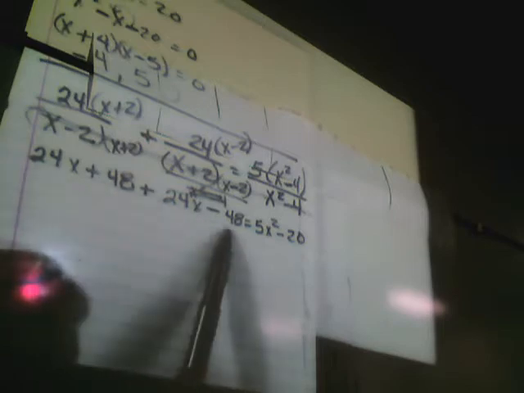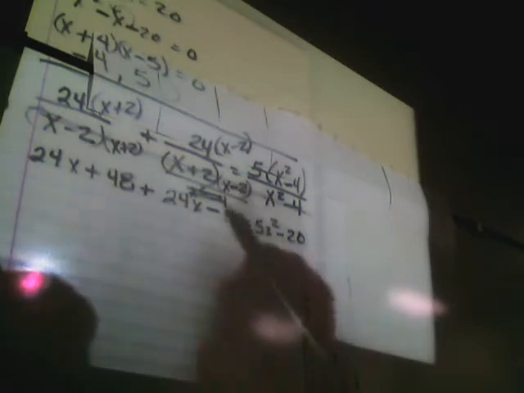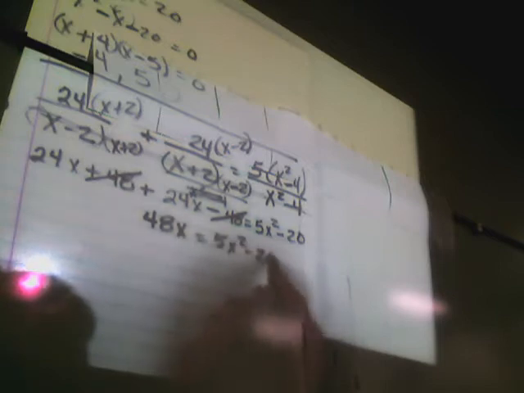Plus 48 minus 48, let's cancel that out because it's 0. 24 plus 24, 48x equals 5x squared minus 20. If we can get that all on one side, it will be equal to 0.